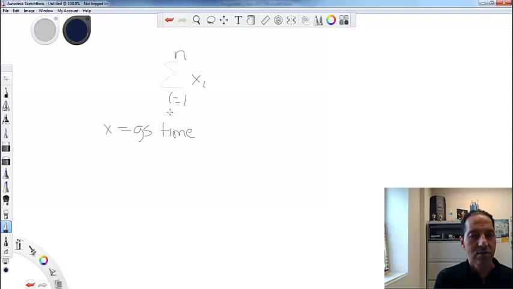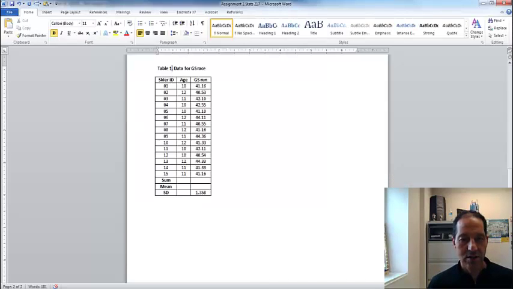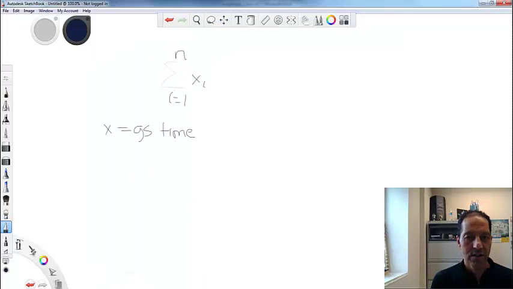i is the individual, so I have a certain number of individuals. If we go back to the prior sheet, we have 15 individuals, so n is equal to 15. So the sigma is actually i equals 1 to 15, and each person will have a score on the giant slalom.